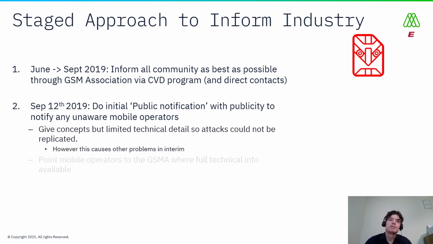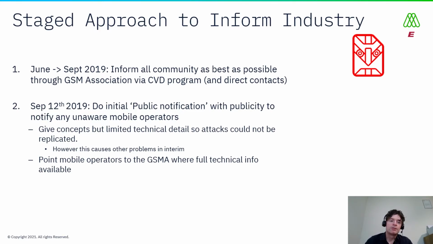There were two parts to this. We gave the concepts, but we were careful not to give the full technical information. The reason we didn't give the full technical information is that if a person understood exactly what was happening, it's actually relatively easy for them to recreate this if they have the skills in the GSM area.